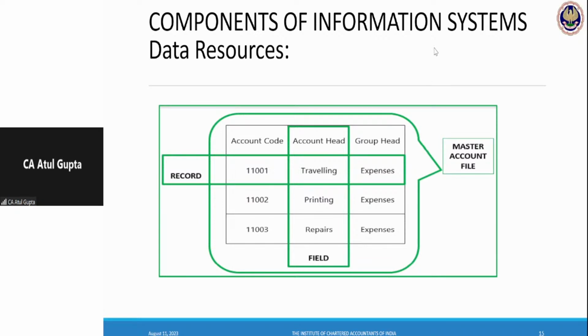Typically it may look like this. The record is account code, account head, expense. The fields could be traveling, printing, repair, and this whole is a master file. So you have the field, then you have the record, and then you have the file.